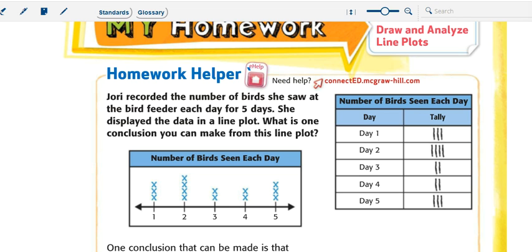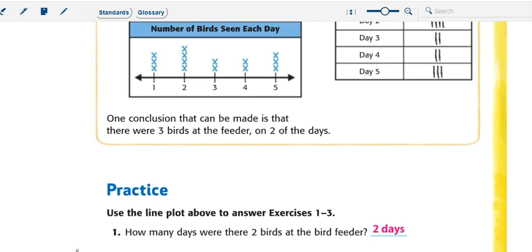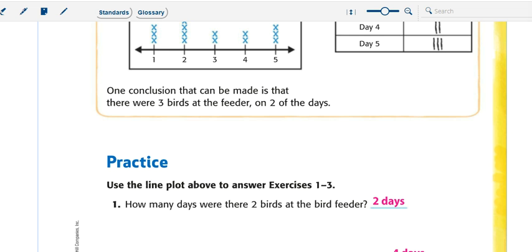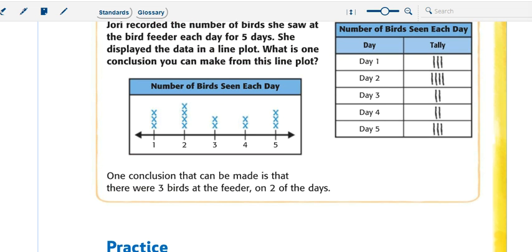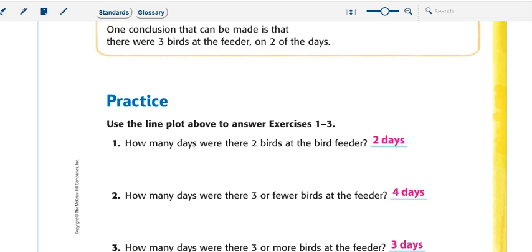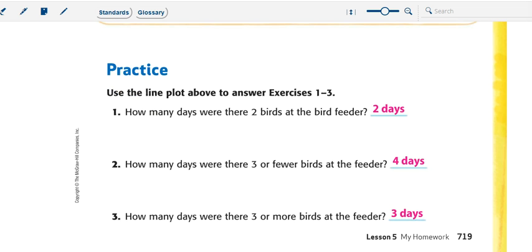During day 3, she saw 2 birds. On day 4, she saw also 2 birds. And on day 5, she saw 3 birds. That's why this is 2 days. The answer for number 1 is 2 days. Why? Because on day 3 and day 4, she saw 2 birds. She's counting the days, okay? Next page.